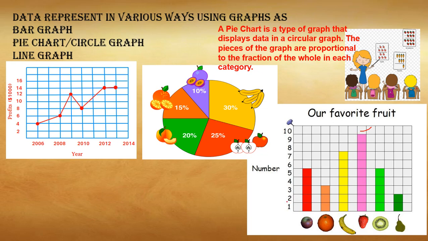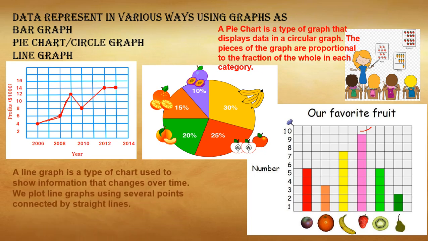What is the line graph? By observing this, what we are getting here is that from this point to this point a line segment is drawn. This is one part. Then from this point to this point again one line is there. So the line graph is a type of chart used to show information that changes over time, or information that changes very frequently.